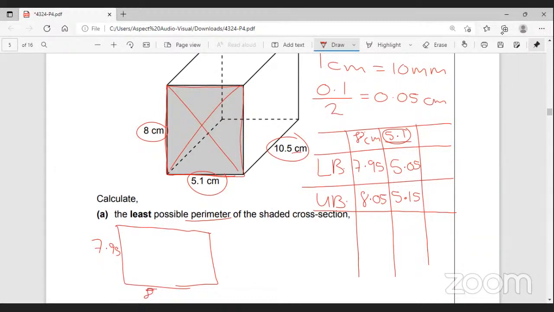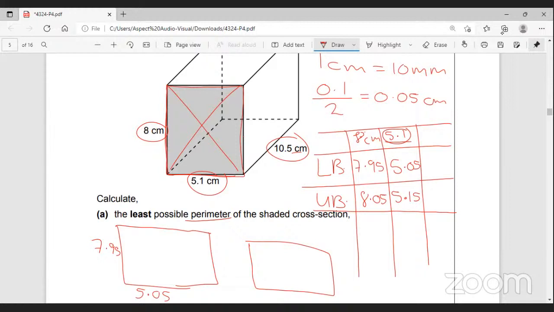Yes, 5.05, all right? So you are having 2 of them, eh? Okay, you are basically having 2 of them.